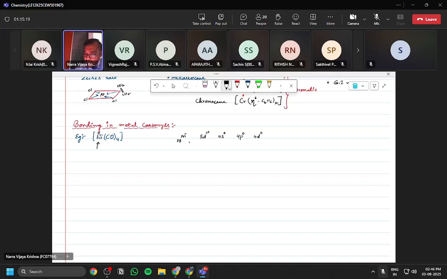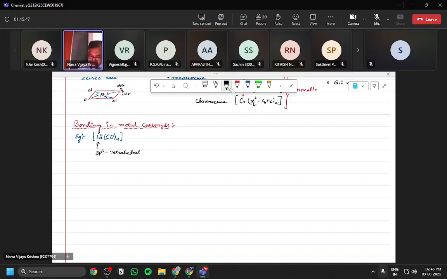It is completely filled, so no d orbitals are free for hybridization, right? All are completely filled, d10 configuration. But how many empty orbitals are required for hybridization? So what should be the hybridization now? So it is sp3 hybridized, having tetrahedral geometry. Any questions in it?